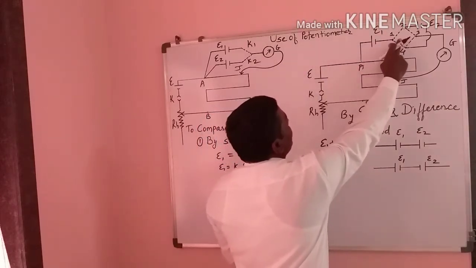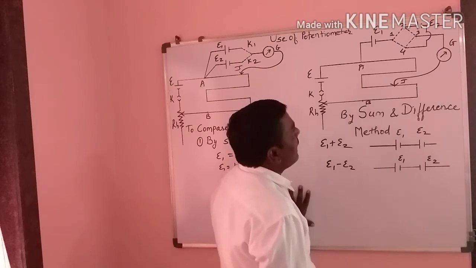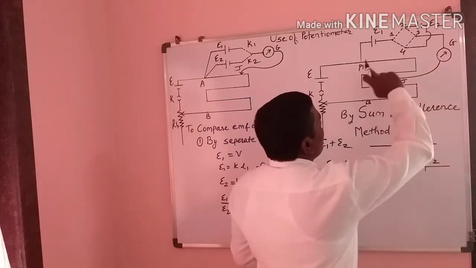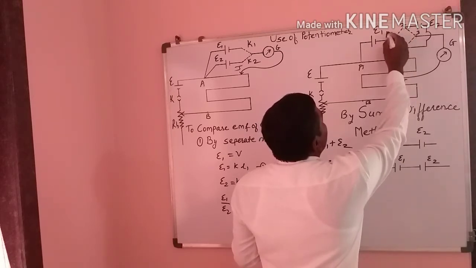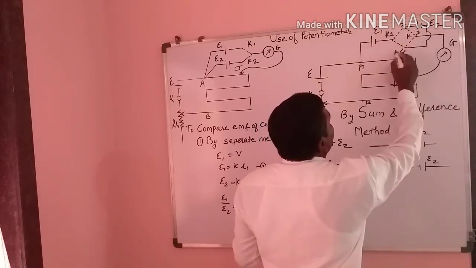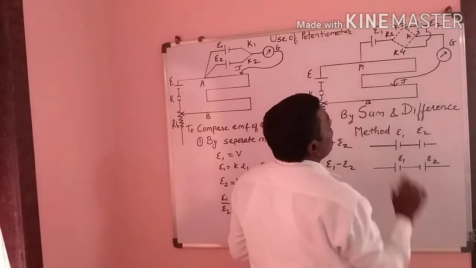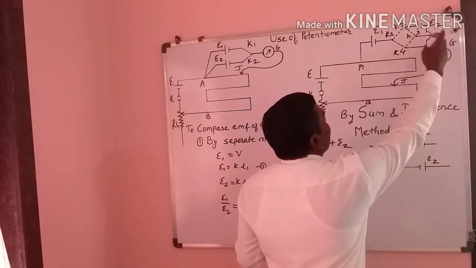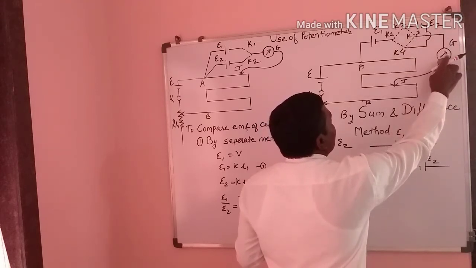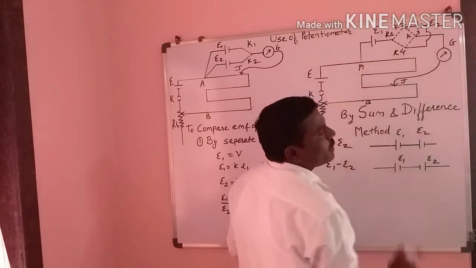The terminals are K1, K3, K4 and K2. In K2 and K4 the second cell is connected, K3 is connected to the galvanometer, and the galvanometer is connected to the jockey.